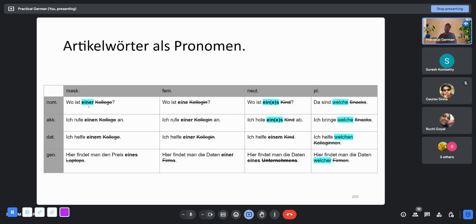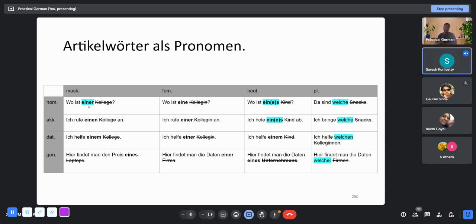Let's say you and I are in the office, and I am looking for something which is masculine, and you say, Rohit, hier ist einer. Here is one. Of course, you can say the name of the noun, but people don't do that. They'll just say there is one over here.